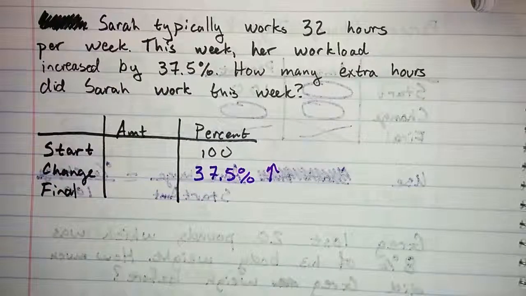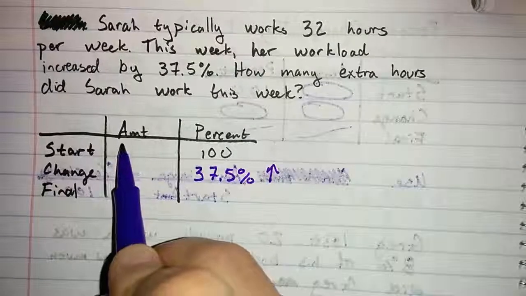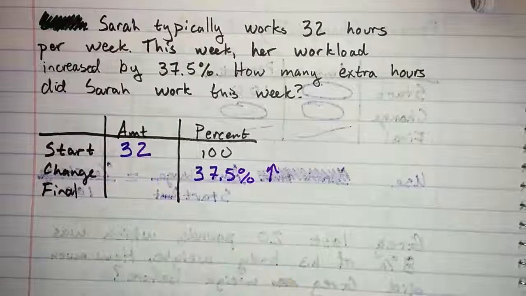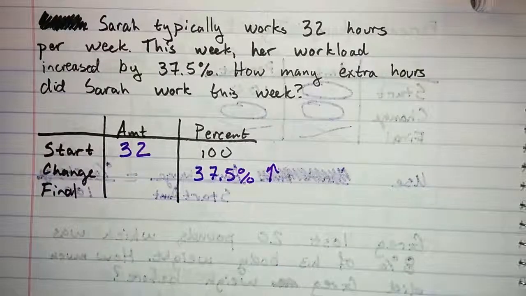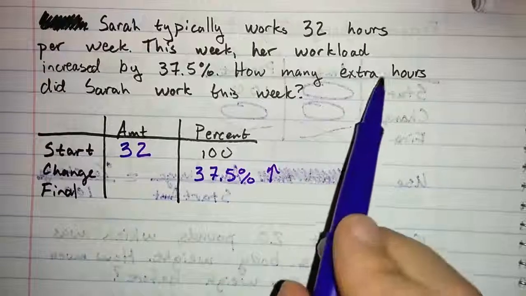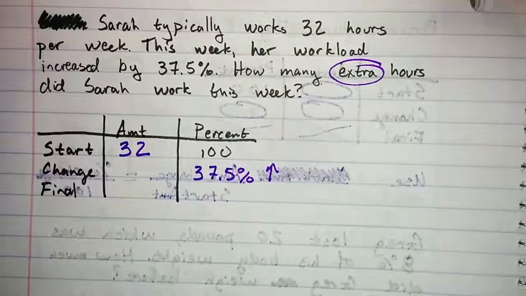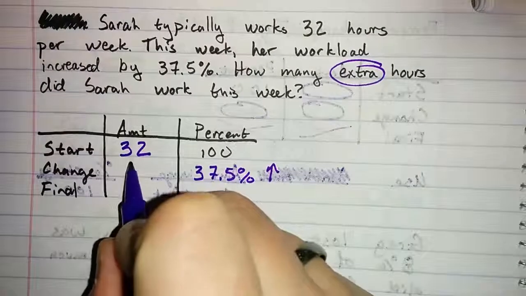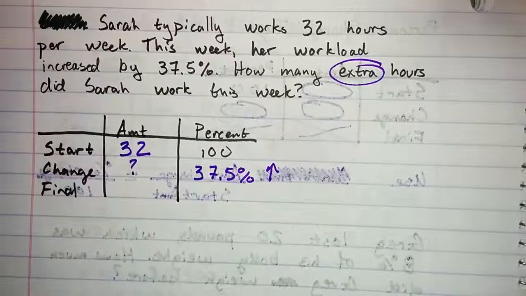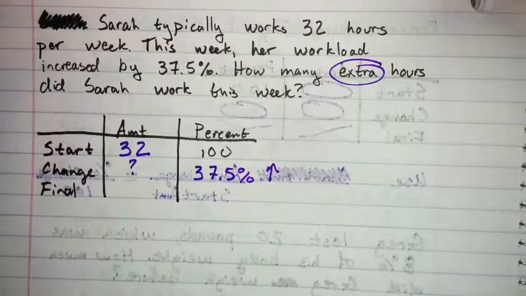So that's how much she works most weeks, how much she worked before this increase. So that'll be my starting amount. And the question asks me how many extra hours did she work this week. That means I want to know just the extra hours, not how many hours altogether. I want to know the amount change.